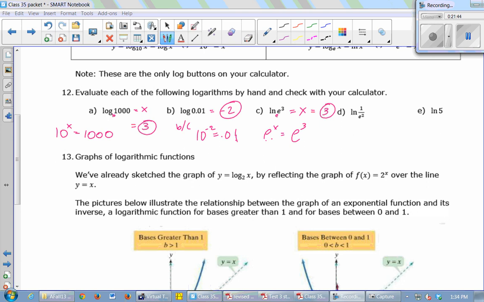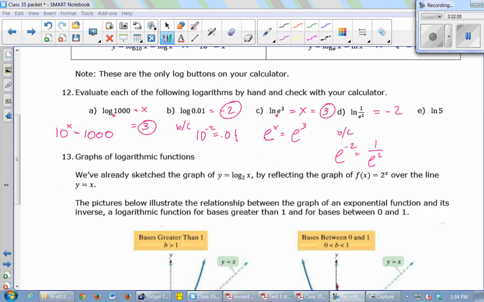So the ln of 1 over e squared. This is asking me what power should I raise e to get 1 over e squared? The -2, yeah. Because e to the -2 is 1 over e squared.